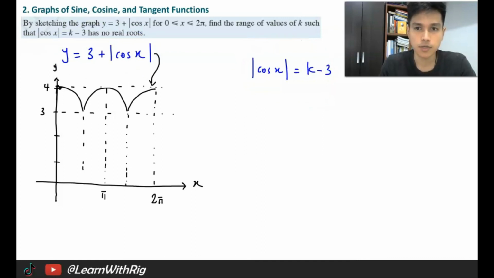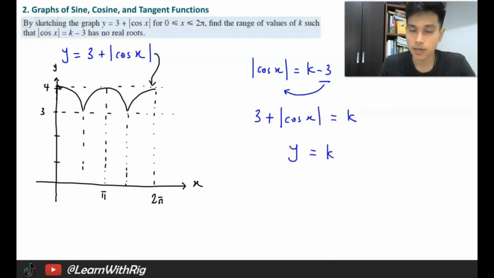We bring the negative 3 over, so it becomes 3 plus modulus cos x equals k. This is y, so y equals k. If you get y equals k, your graph will be a flat line, like this, or here, or here.